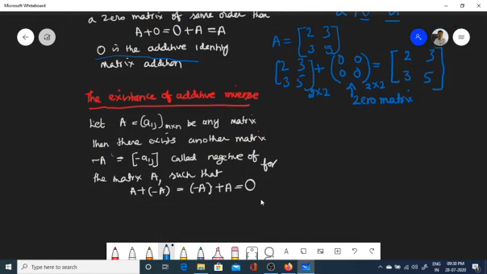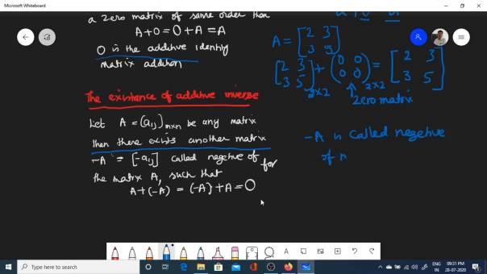Suppose Aij of order m by n is any matrix, then there exists another matrix minus A equal to minus Aij, and this minus A is called the negative of the matrix.